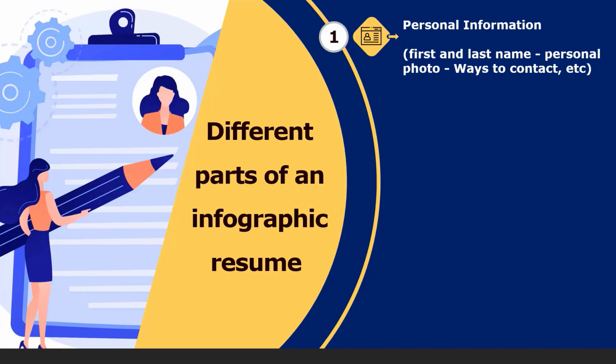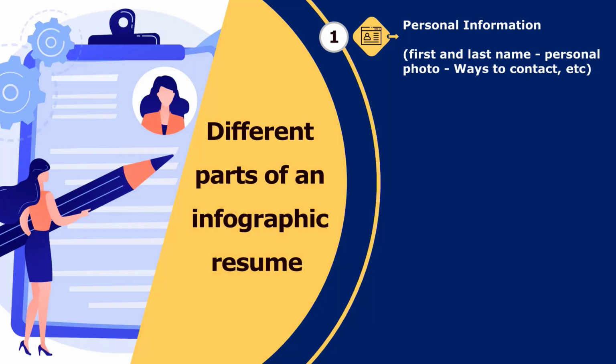My dear friends, when we design our resume as an infographic, it is our responsibility to tell the employer what information to see from us first and then what other information to show them. I definitely recommend you put your name and contact details at the beginning of your resume so that the first thing the employer sees from you is your personal information, contact details and your first and last name.